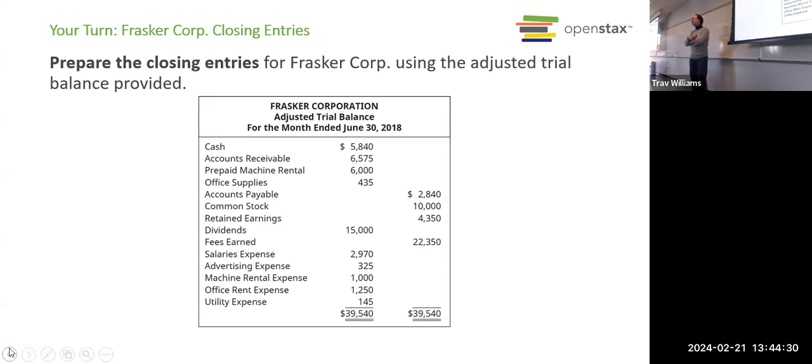In this case, it doesn't say revenue, but fees earned is revenue. It means this company provided some service, earned some fees, and that's revenue. We would close out the expense accounts, which are all these, and we would close out dividends. Right? How would we do that? We would use that 4-step closing process.